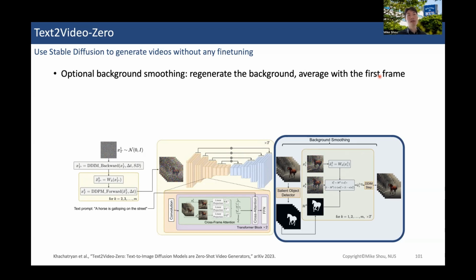They do some smoothing. Essentially, the idea is to extract the mask of the main object, because the task of video generation in this paper is more about generating object-centric video, so they generate a mask of the central object, then obtain the background and average them, smooth them.